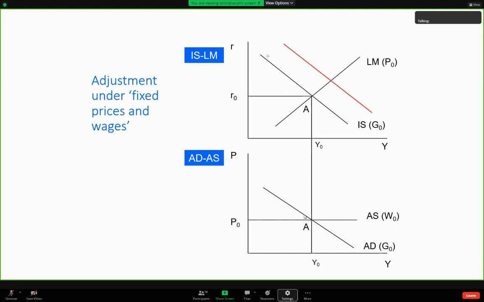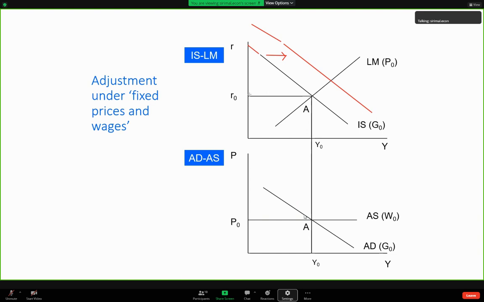That is because we shift it in this direction to show that there is an increase in the intercept. Because this is related to the intercept. You know that it is part of our autonomous components of aggregate demand, which determine the position of the IS line.